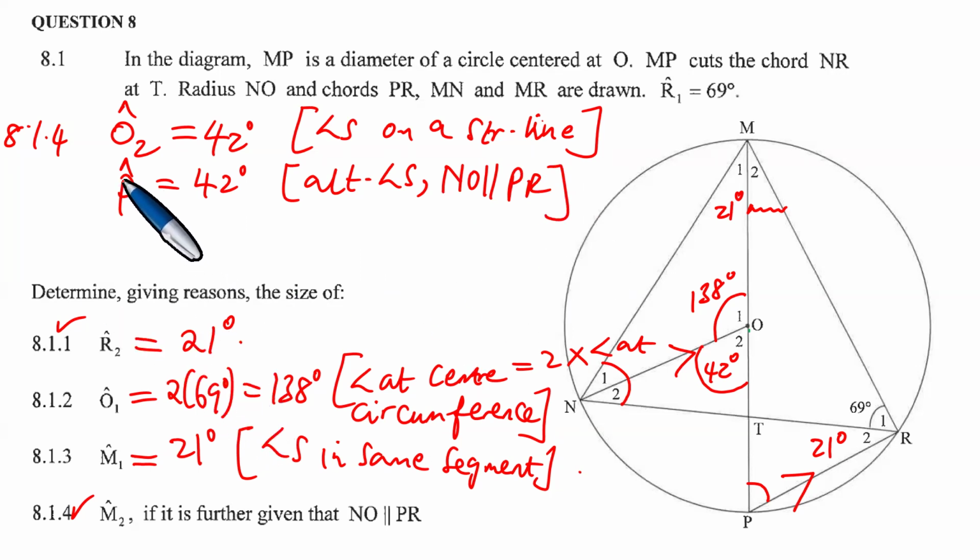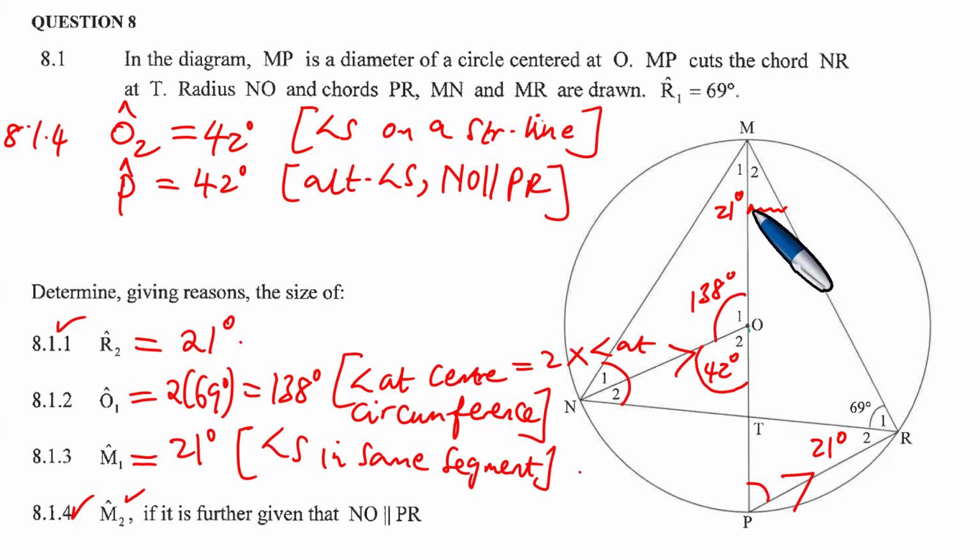So angle P equals 42 degrees. Then we have the angle M2, which is what we want. The angle M2 is this one here.